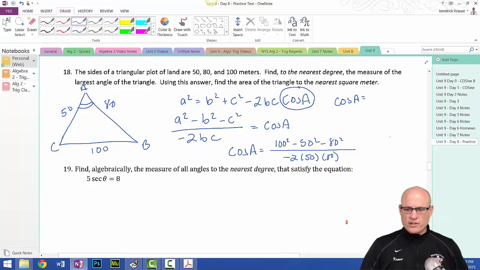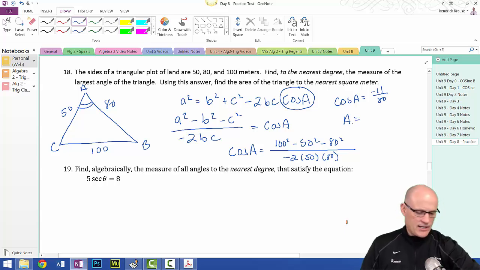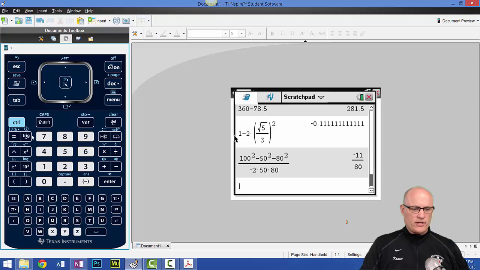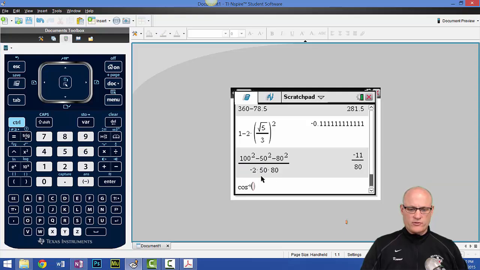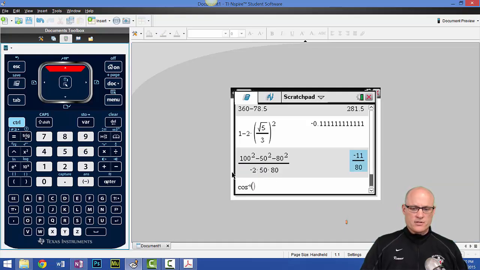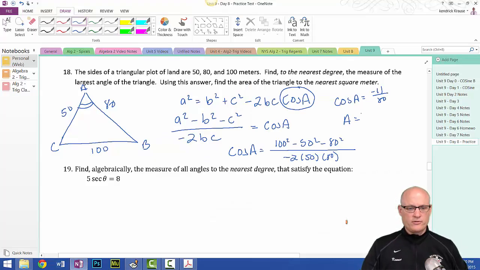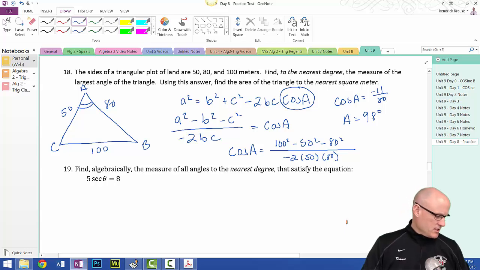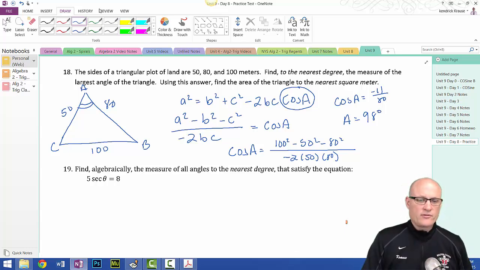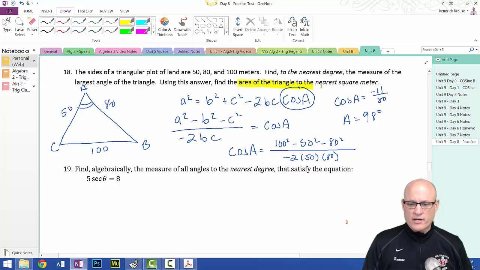So cosine A equals negative 11 over 80. What that just means is it's going to be larger than 90 degrees, not a lot larger. It's negative, and then we'll do the inverse cosine of this. So trig inverse cosine of that answer, and we get 97.9 degrees. Round to the nearest degree, we get 98 degrees.